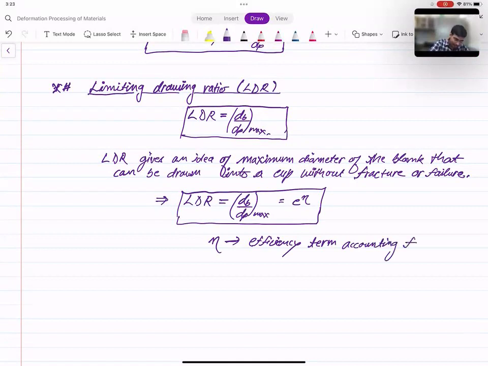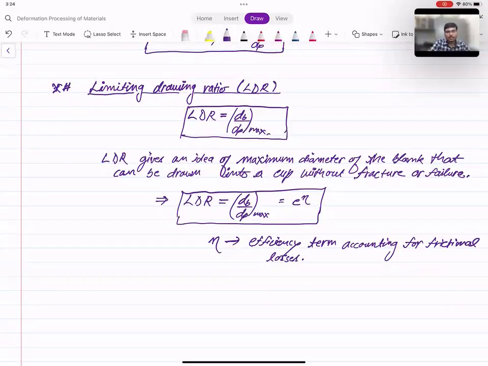So this is something called the limiting drawing ratio.